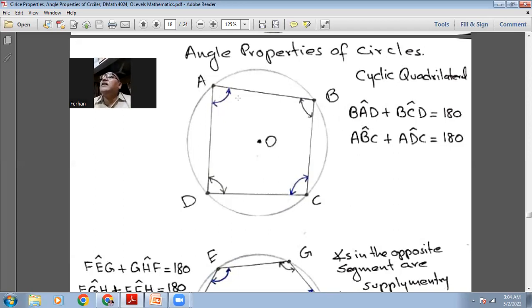So the angle BAD and the angle BCD, they will be supplementary to each other. And the angle ABC and the angle ADC, these two angles, they will be supplementary to each other. So this is called the cyclic quadrilateral.